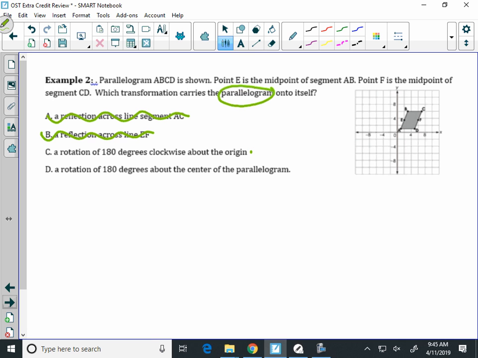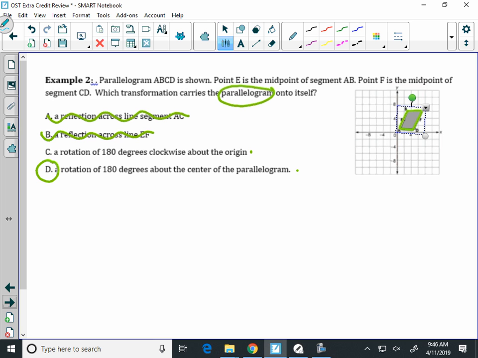Well, there's two answers that are talking about rotational symmetry of 180 degrees. You have to pay attention. The answer is D, because we have to rotate the shape about its center. When we rotate it about its center, it's staying exactly where it's at. It's just turning in that area. When we're rotating it about the origin, it's jumping quadrants.